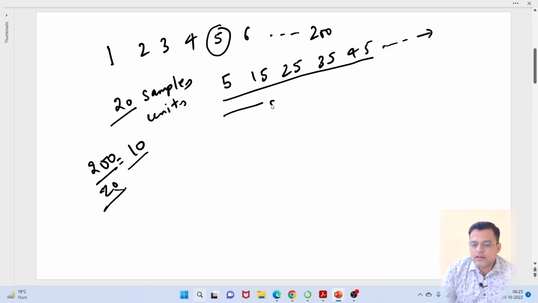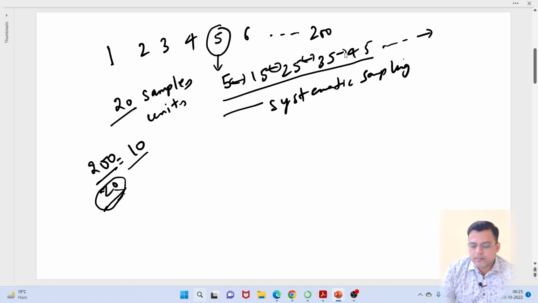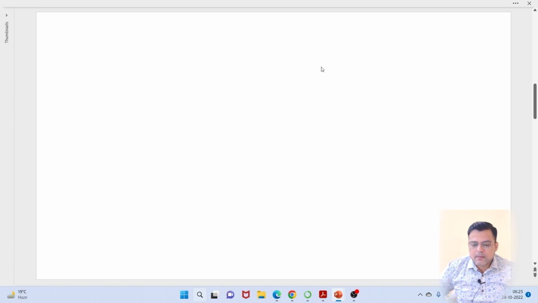So this is called systematic sampling. Here you select a random number, and then based on the total number of samples you need, you work out the interval and just carry on. The first number is 5, and then so on and so forth. The intervals will be added accordingly.